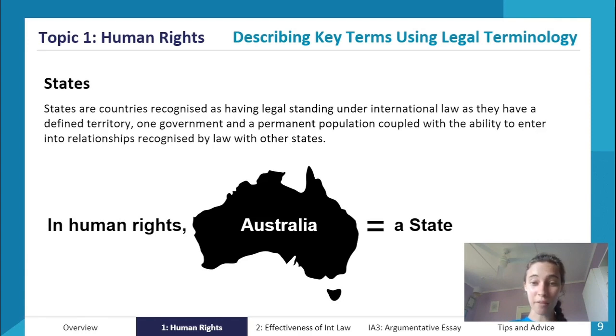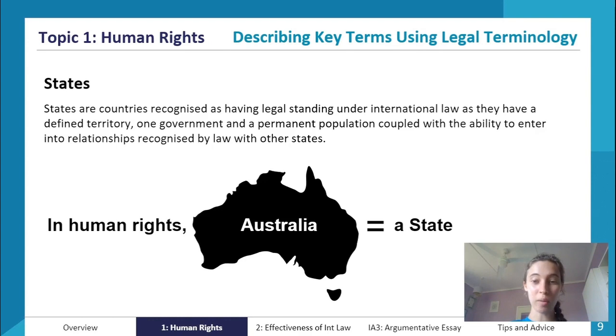And in order to have that legal standing, you need a defined territory. So you can see the defined territory of Australia, with all our borders. One government, and we have that one government. As we know, Anthony Albanese is our Prime Minister.